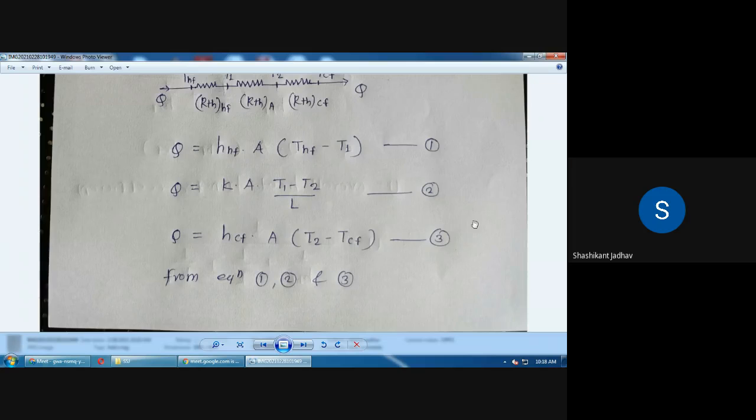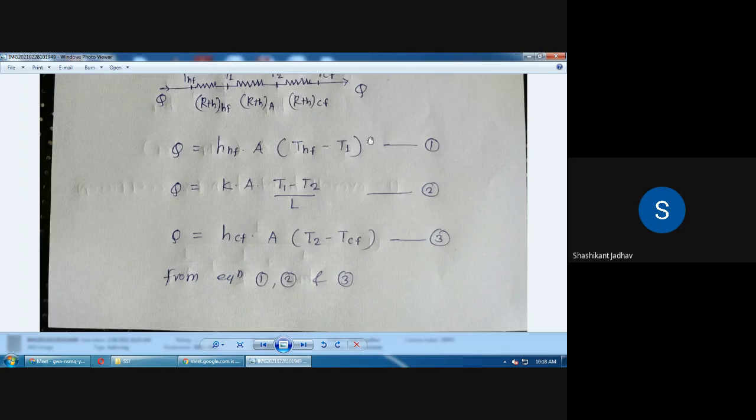So from equation 1, we have to write down the equation for THF minus T1. All of you understood the concept? From equations 1, 2 and 3, now we have to write down the equation for THF minus T1. So from equation 1, what is the value of THF minus T1? Can anyone tell me?